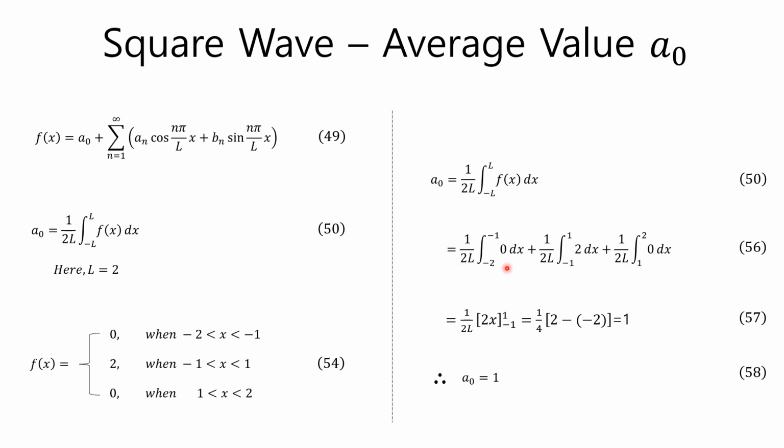The values of the first and third terms of equation 56 are 0, and by integrating the second term, the integration result of equation 57 can be obtained. Therefore, we can see that the value of A0 is the integral value, 1, as shown in equation 58.